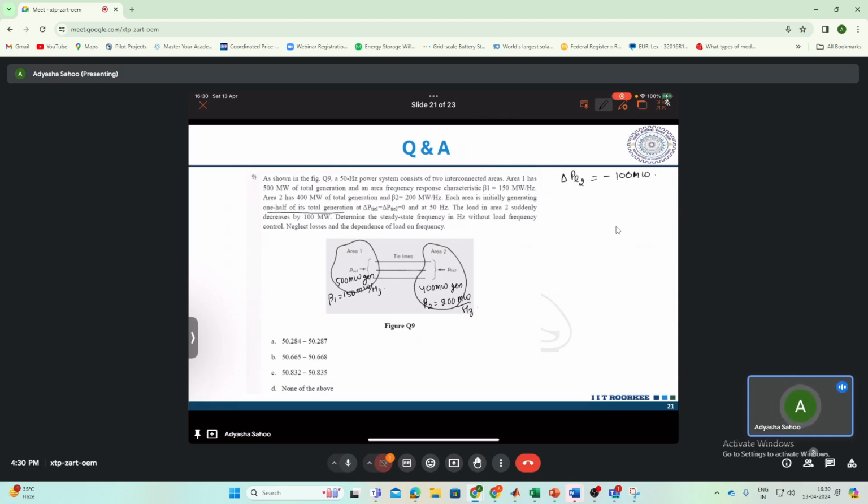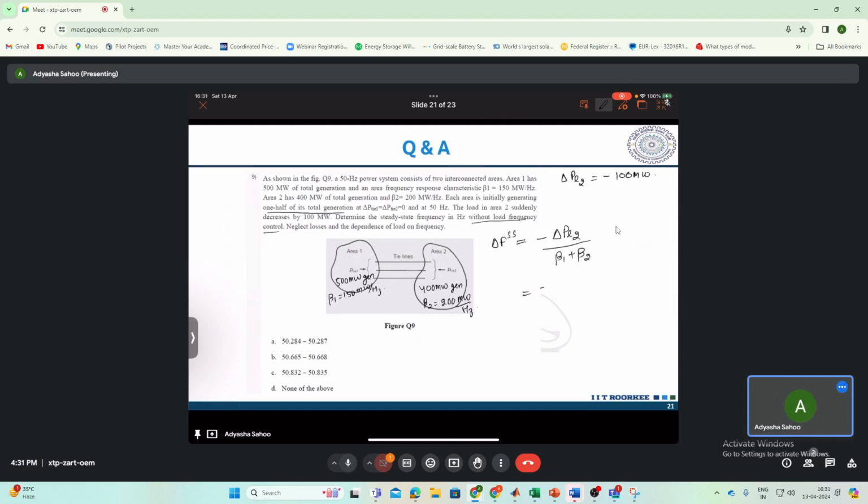It is asking to determine the steady state frequency without load frequency control. So delta F steady state will be nothing but minus delta PL2 divided by 1 by R1 plus 1 by R2, or similarly beta 1 plus beta 2.